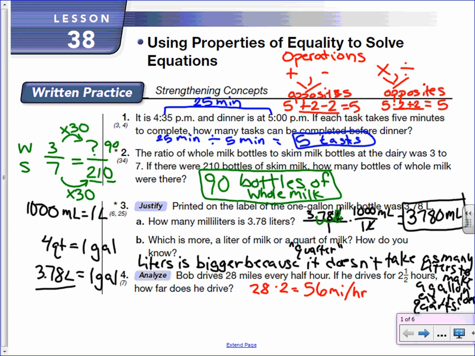He drives for 2.5 hours, which means he drives 56 for the first hour, 56 for the second hour, and 28 for the last half hour. 56 and 56 is 112, and then 28 is 140.